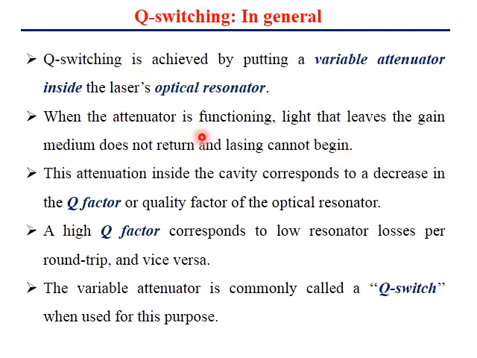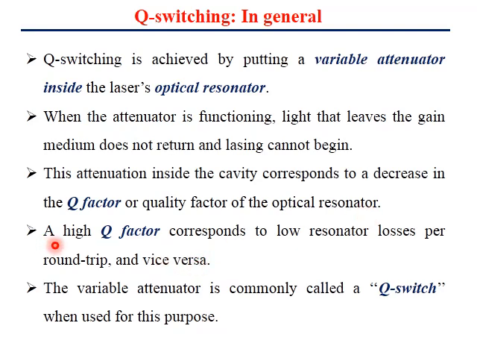This attenuation inside the cavity corresponds to a decrease in the Q factor of the optical resonator. So an important point to notice is that once the attenuator is on, the losses will be very high, and that's why the Q factor is low.